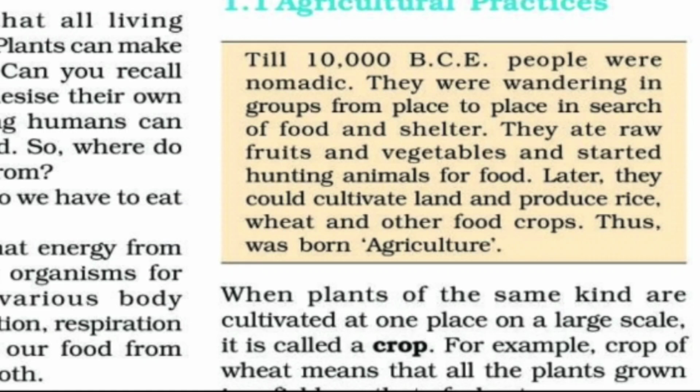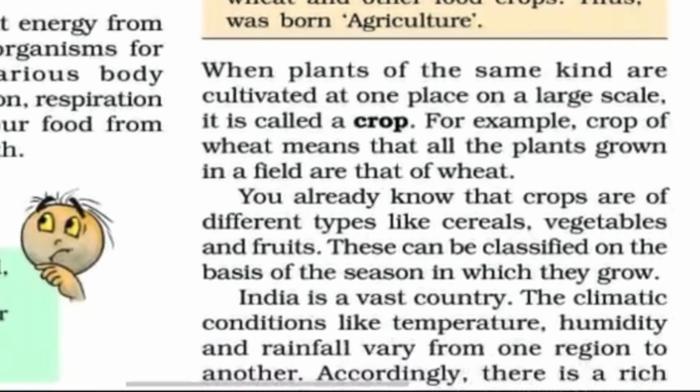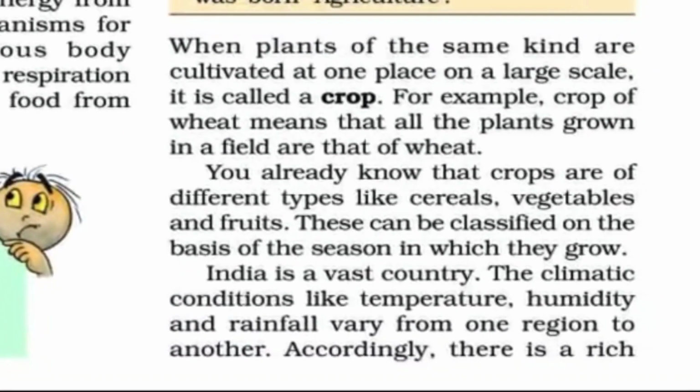What did they do later? They later started cultivating land and produced rice, wheat and other food crops. Thus was born agriculture. When plants of the same kind are cultivated at one place on a large scale, that is called a crop.